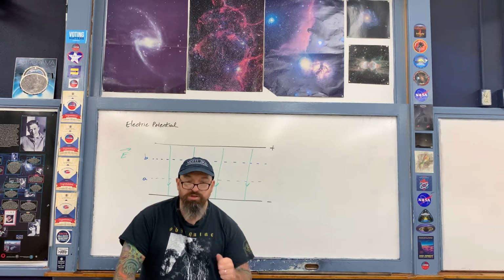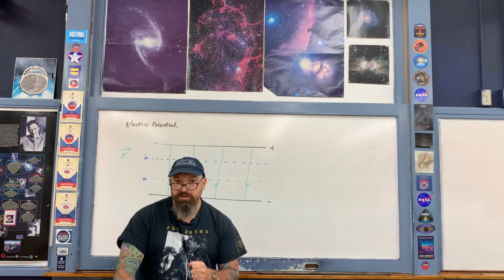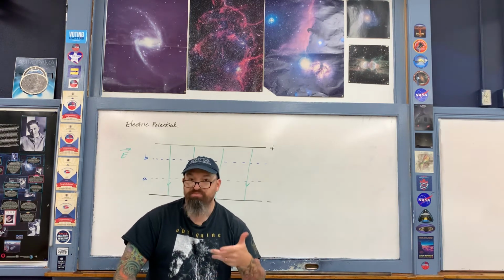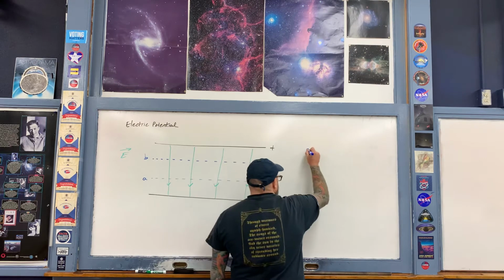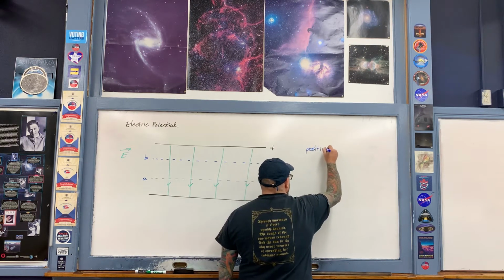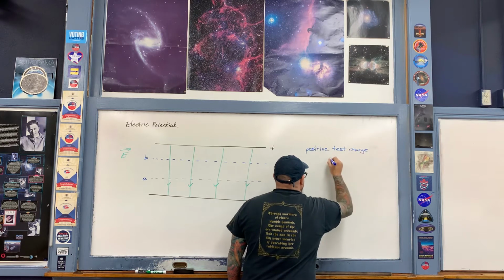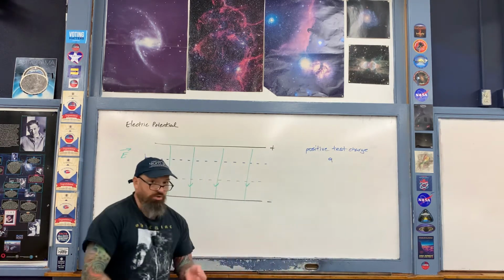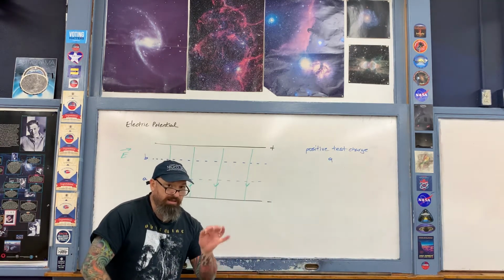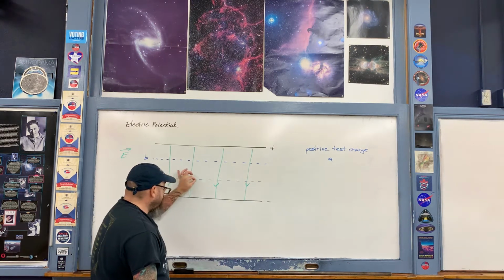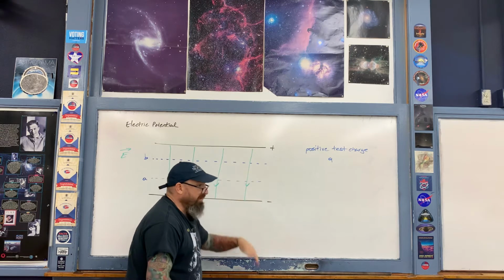Recall from earlier when talking about Coulomb's law, for example, in chapter 21, that by definition, we always think of the test charge as positive. So we have a positive test charge. That positive test charge we'll just label as Q. And then let's say that I take that test charge Q and I place it anywhere at this height, if you will, above the bottom plate.